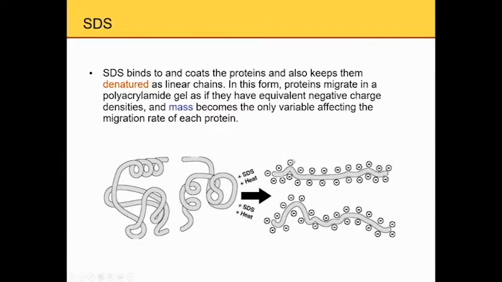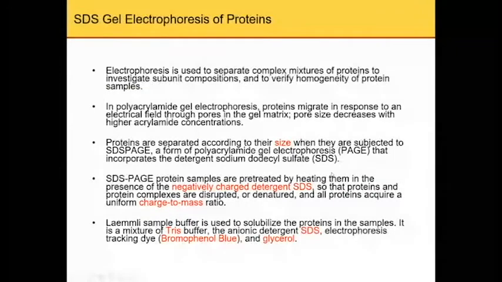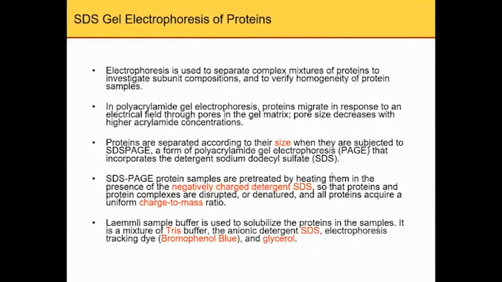To coat the peptide evenly with the negative charge from SDS, we first have to denature the protein. The native conformation, we have to denature to make it linear.